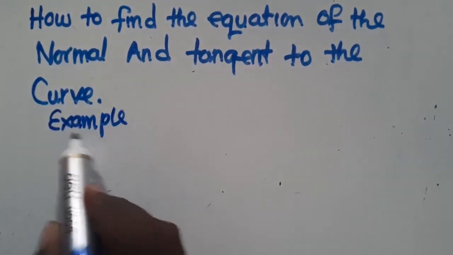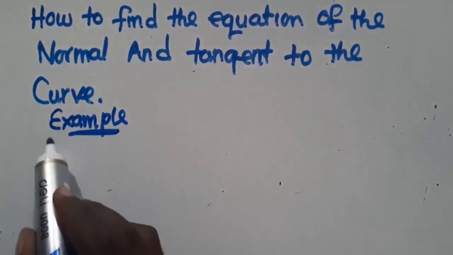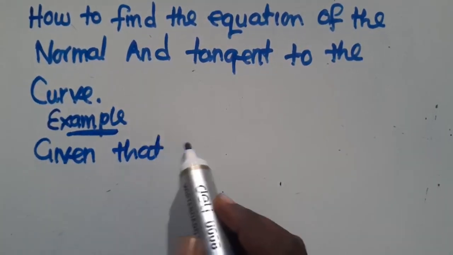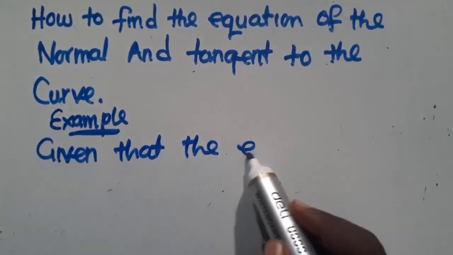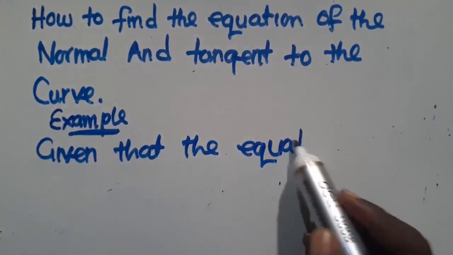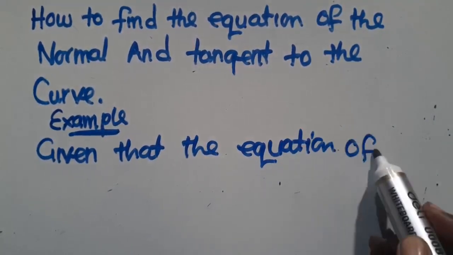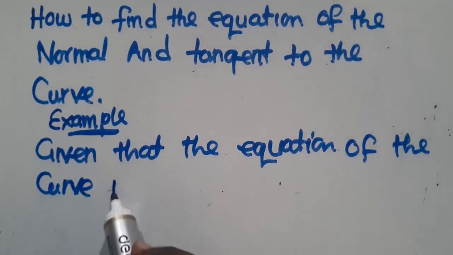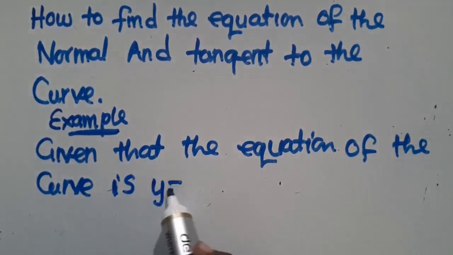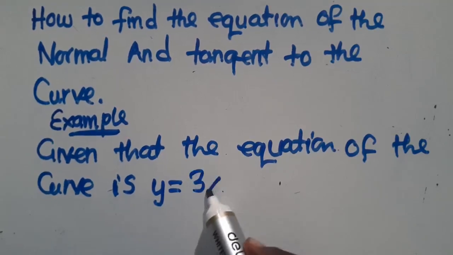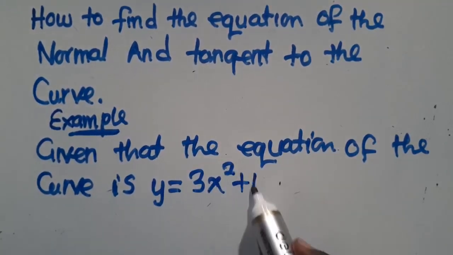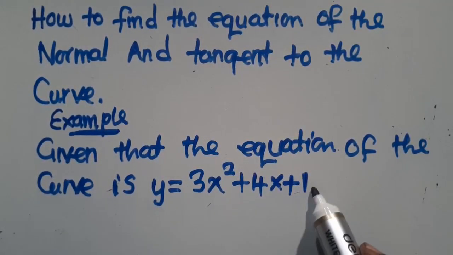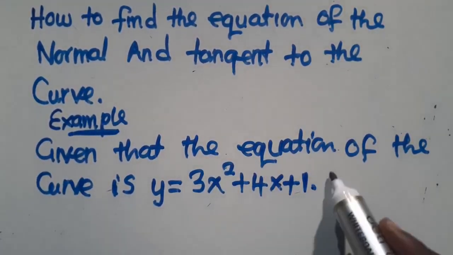The question is saying that given that the equation of the curve is y is equal to 3x squared plus 4x plus 1, like this.